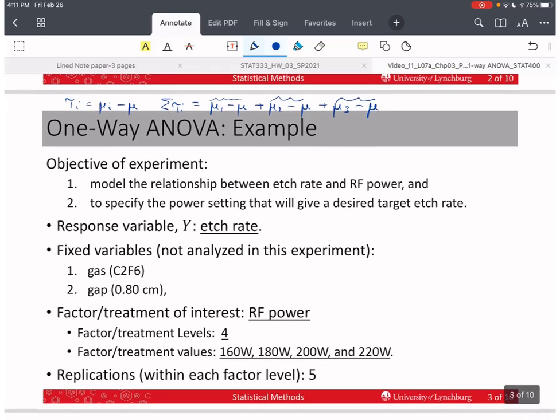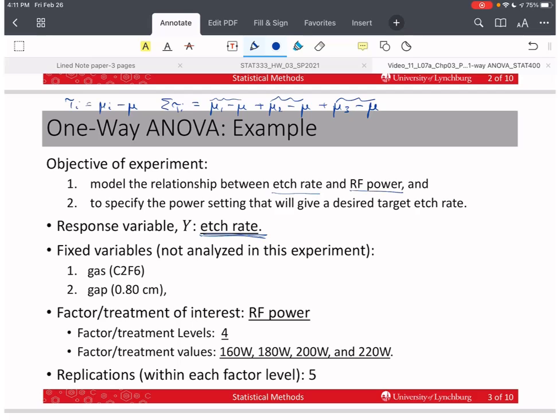Okay. And then we said that the objective of the experiment was to model the relationship between, in this case, etch rate and the RF power, radio frequency power, and then to specify the power setting that will give the desired target etch rate. Our response variable y is the etch rate. That's what we're measuring. Then we have these variables that we fixed. We're not going to vary them.